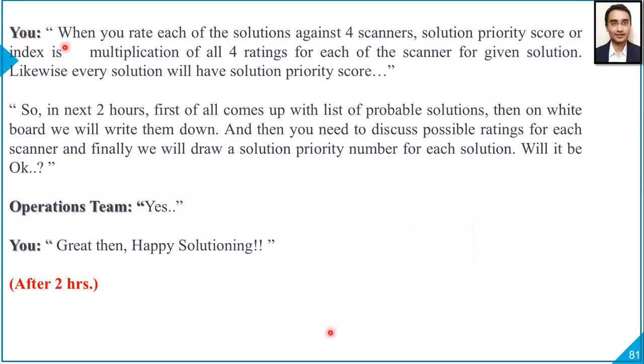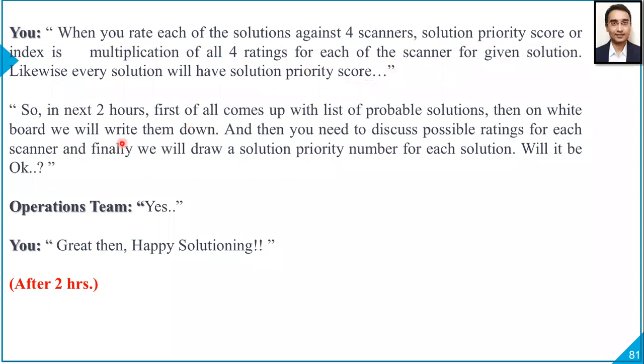You replied, when you rate each of the solutions against the 4 scanners, the solution priority score or index is a multiplication of all 4 ratings for each scanner for a given solution. Likewise, every solution will have a solution priority score or index.